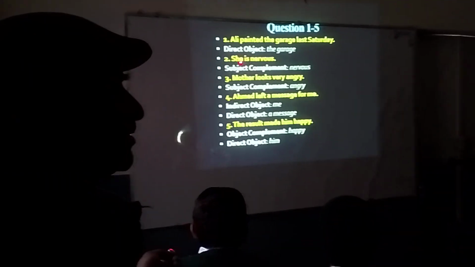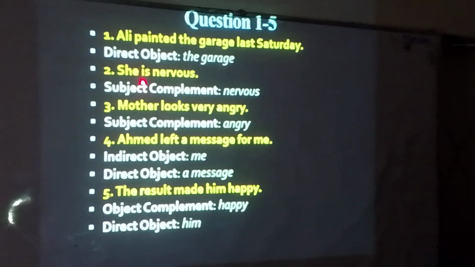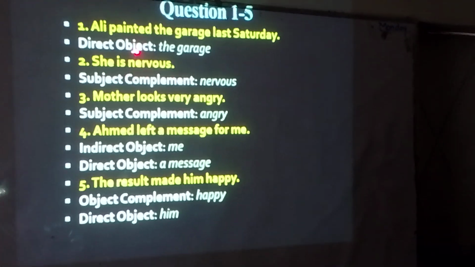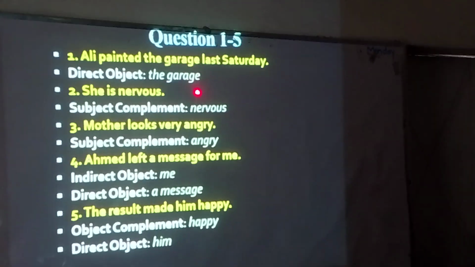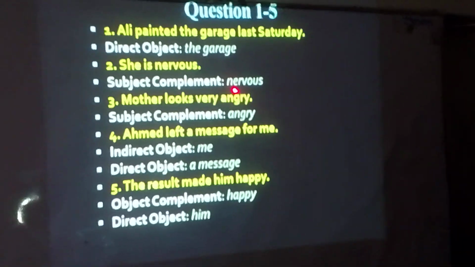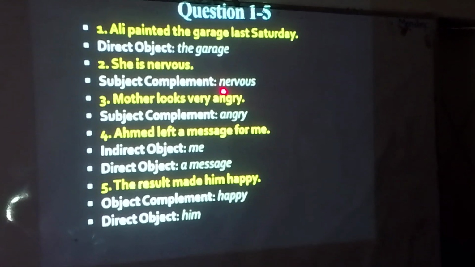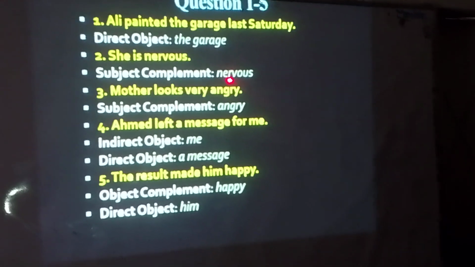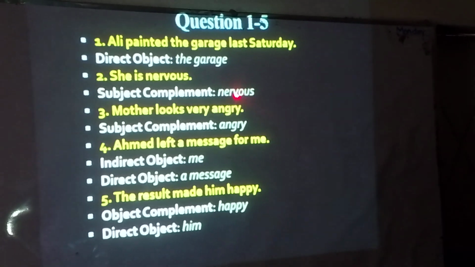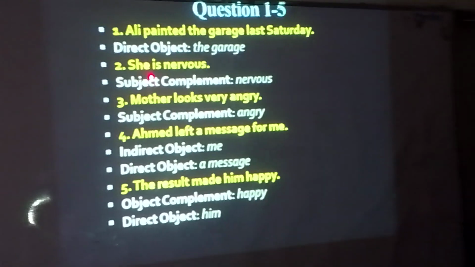Because if I simply say "she is," do you understand the meaning of this sentence? Definitely there will be a question in your mind, sir, what she is or who she is. Until and unless I write nervous, or happy, or sad, or busy, we cannot understand the meaning of the sense of the subject, what she is.